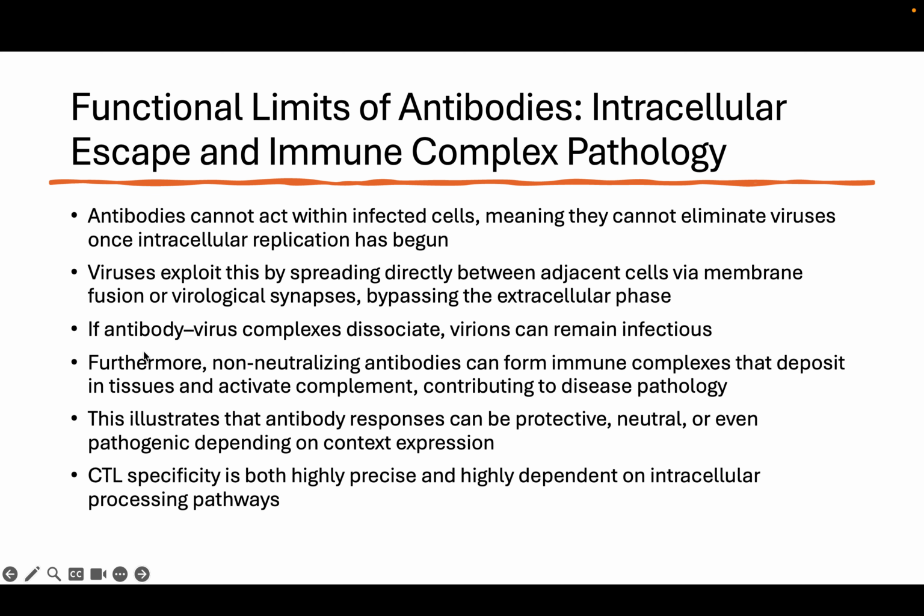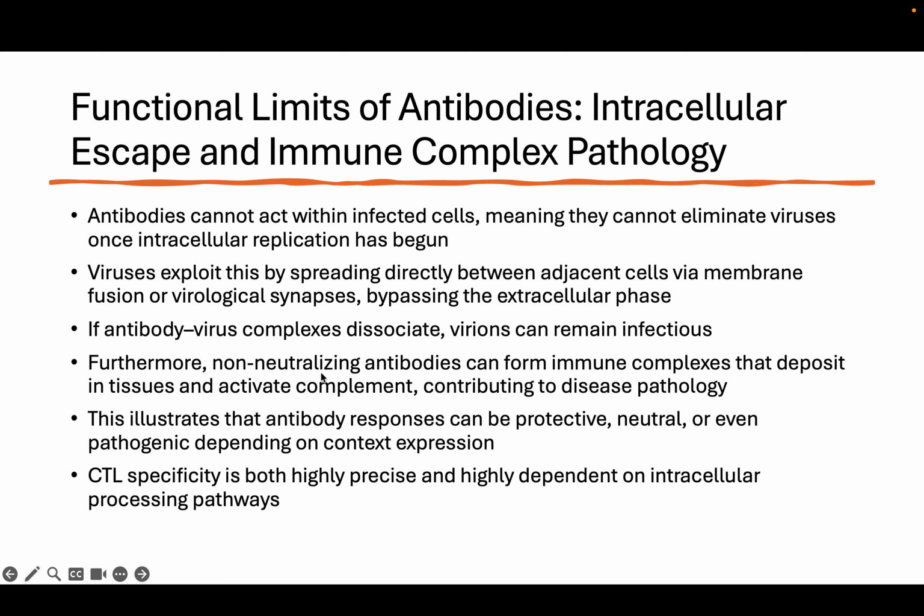But as we know, sometimes the antibody-virus complexes can actually dissociate and variants can still remain infectious. So with antibody and virus complexes, sometimes it's not a permanent interaction, meaning that it's going to dissociate, so the viruses will still be able to be released.